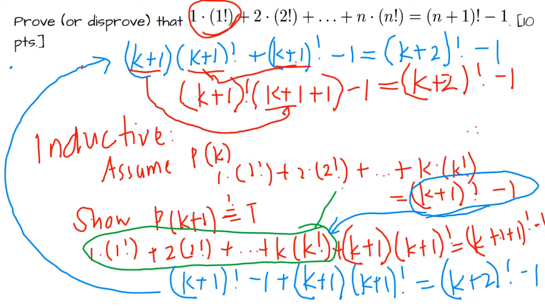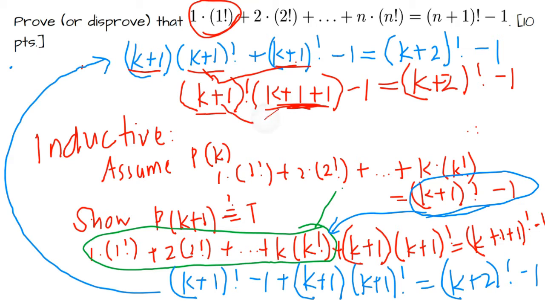And this will be equivalent to k plus 2, and basically (k plus 2) times (k plus 1) factorial, this one, (k plus 1) factorial times (k plus 2), will amount to (k plus 2) factorial.